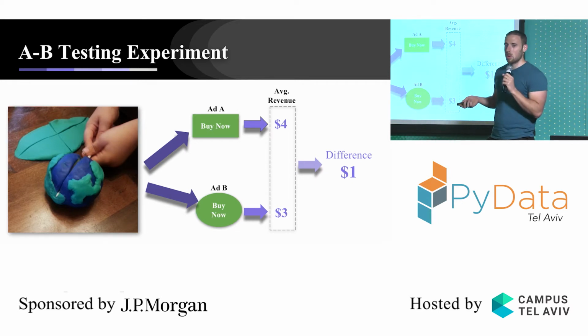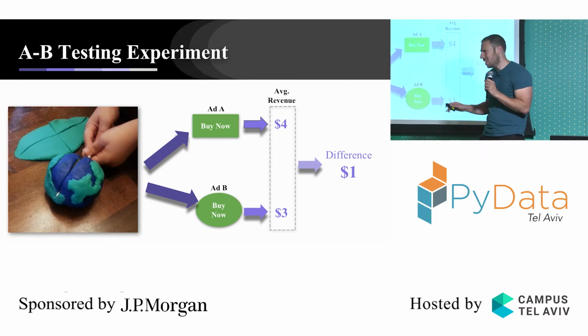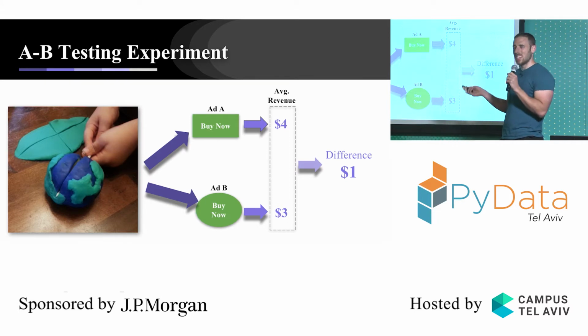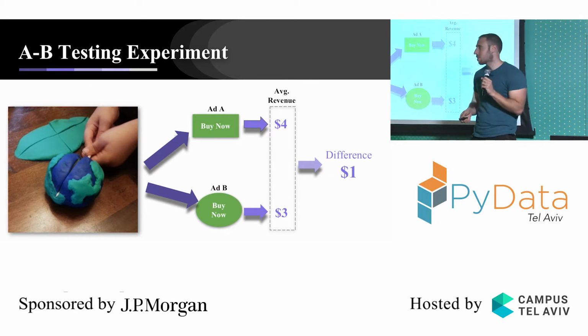Well, it won't work, because maybe the audience on the east side, in New York, loves different ads than the guys back in California. So we don't want to introduce any additional features when splitting the data. The easiest way is to split by user ID or timestamp or something like that.